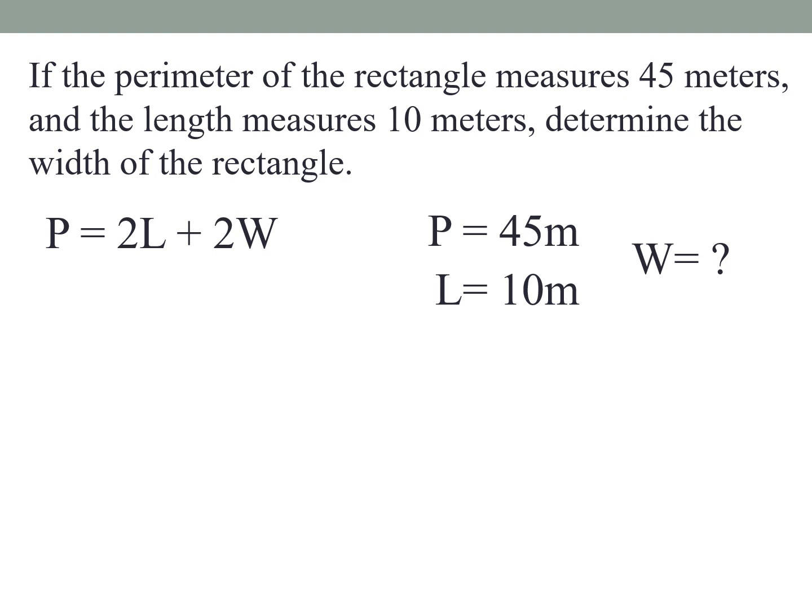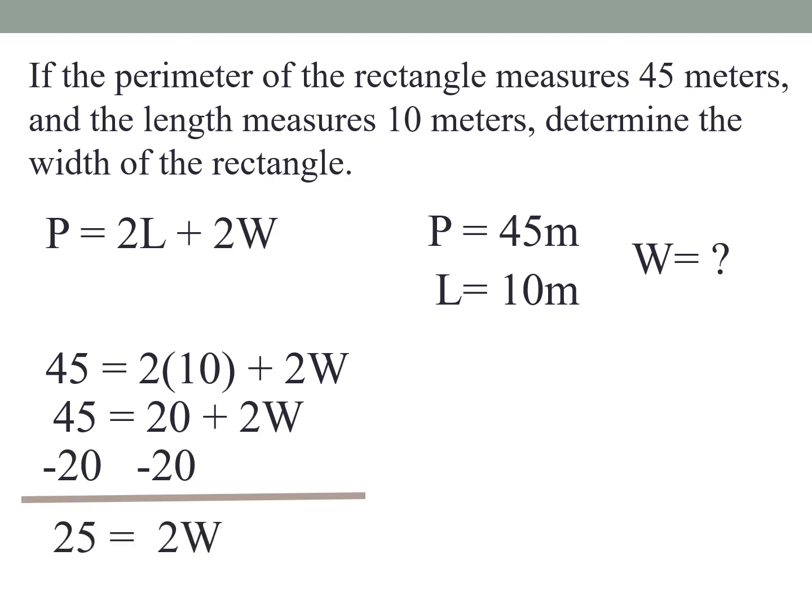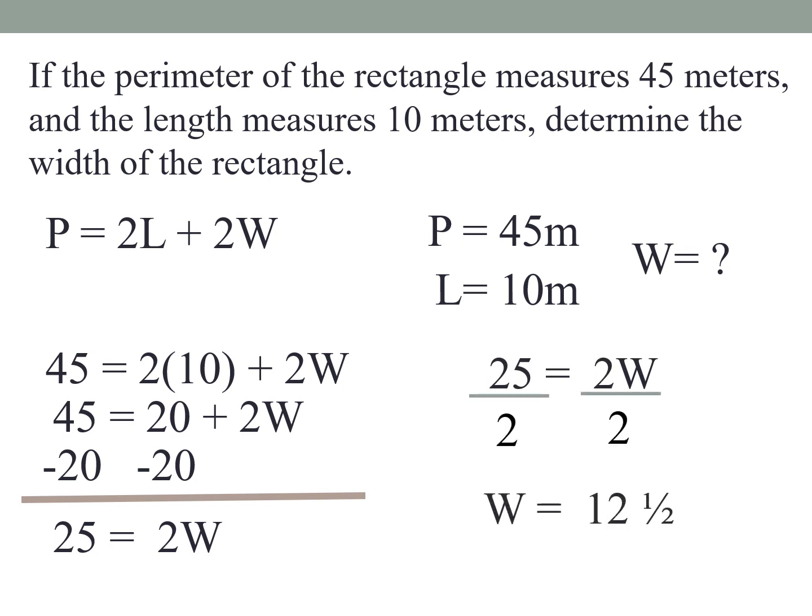So let's plug the two variables we do know into the equation and then solve the equation. Well, 2 times 10 is 20. I can subtract 20 from both sides of the equation, and I'll get 25 equals 2W. And I can now divide by 2 to solve the equation, and I get W is 12.5.